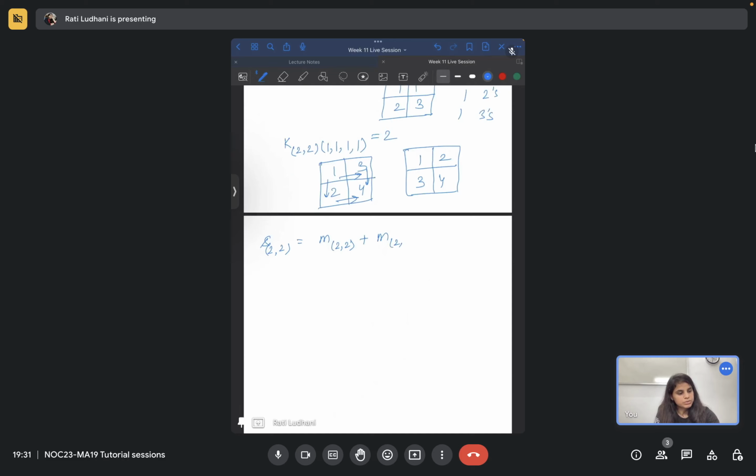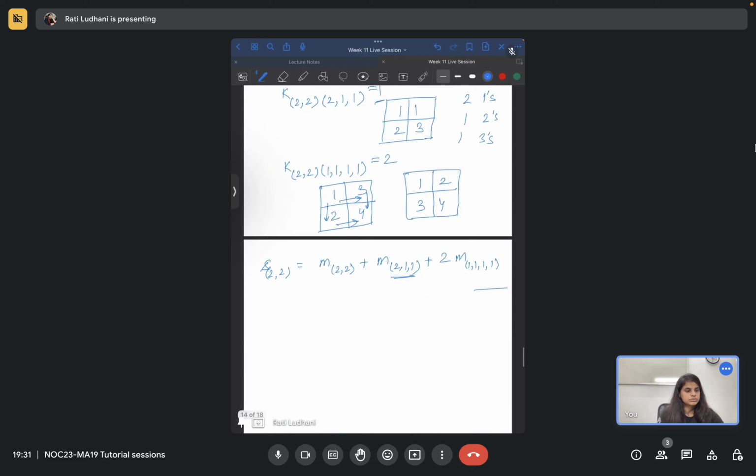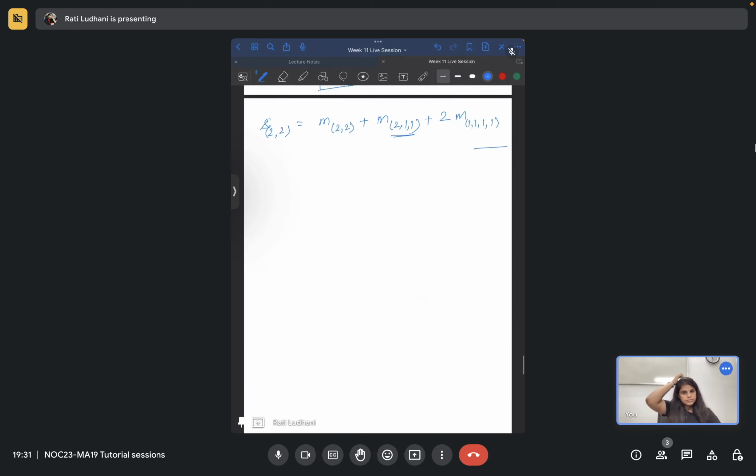You write the mu, and the coefficient here is the Kostka number. Next you get 2, and you will get m1111. So this is your answer, right? These are the only possibilities. Is that okay? Yes, ma'am. Okay.